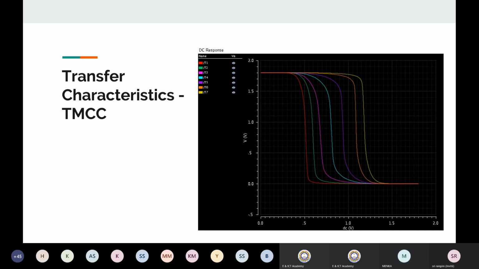So, the transfer characteristics of TMCC: you can see that according to the different thresholds, this switching line is setting different levels. Somewhere it is very low and somewhere it is very high. This is going to help us compare the input.